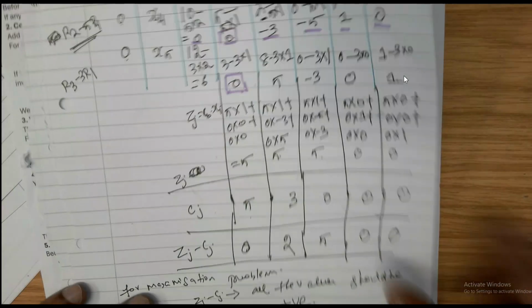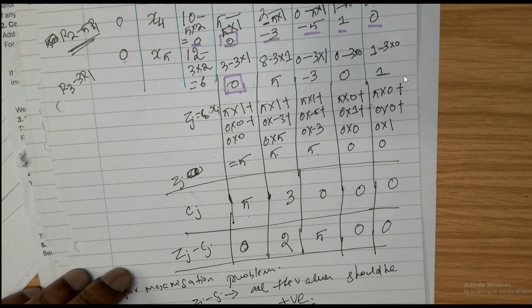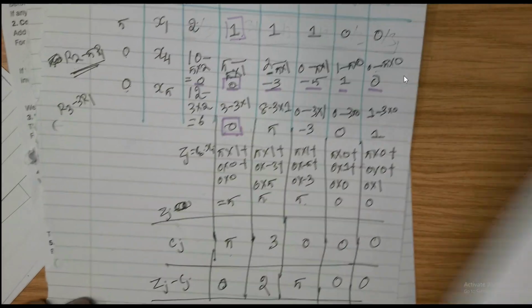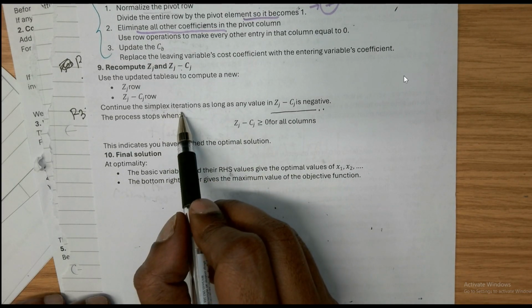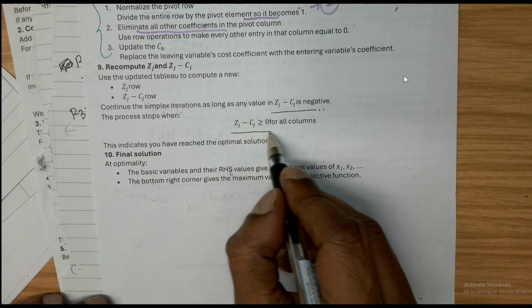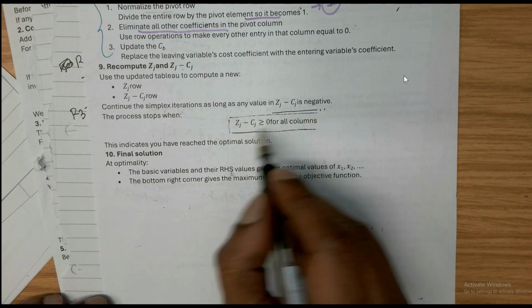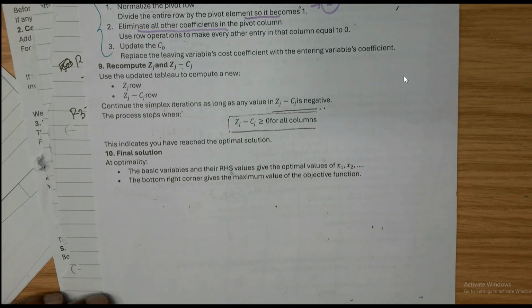But in the second simplex table that we constructed right now, all the values in Zj minus Cj are positive, which means we don't have to continue with the simplex iterations; rather we stop, because the process stops when everything is positive. Zj minus Cj is now greater than or equal to 0 for all the columns.